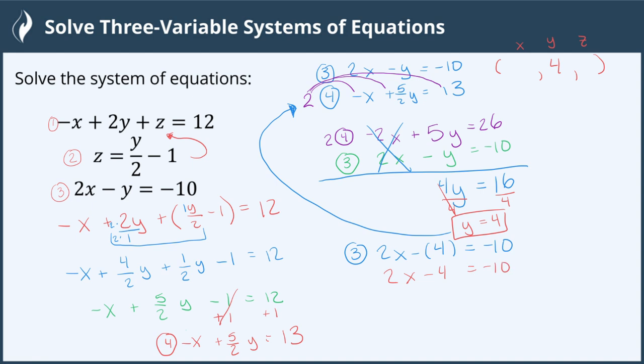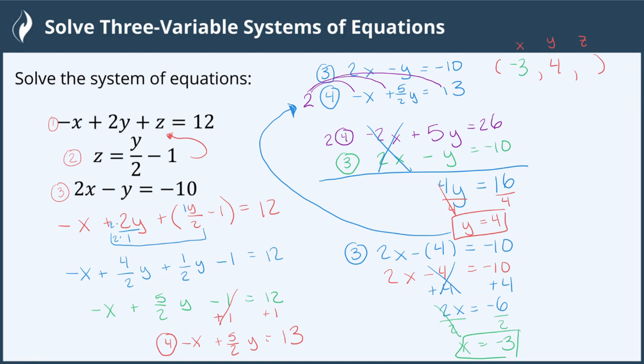And then solving for x, I need to add 4 to both sides. Negative 4 plus 4 cancels, leaving us with 2x equals negative 10 plus 4 is negative 6. And then we will divide both sides by 2, giving us x equals negative 3. And that was really fast to find the first coordinate to our ordered triple.